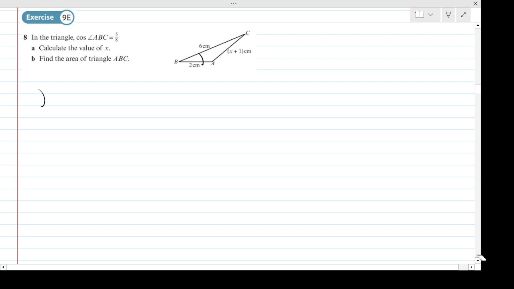So first of all, you're probably thinking, why have they not just told me the angle? If I call this theta, I'm basically saying cos theta is 5/8, but they've not told me exactly what theta is.